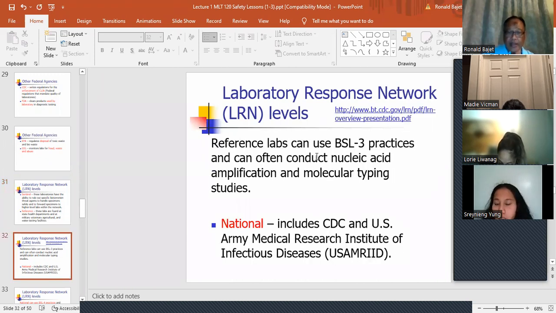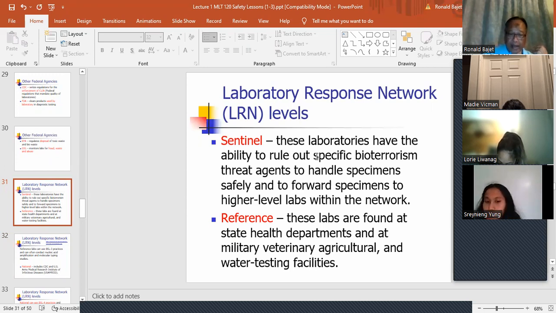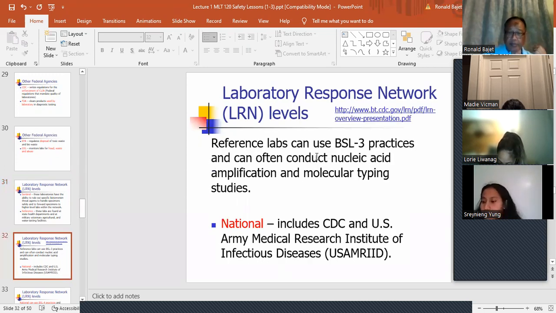The reference laboratories, especially the reference and the national, can use BSL 3, okay? BSL 3 or better. Or it could be a BSL 4. And at the national level, this includes the CDC and the U.S. Army Medical Research Institute of Infectious Diseases, USAMRIID, CDC and USAMRIID.